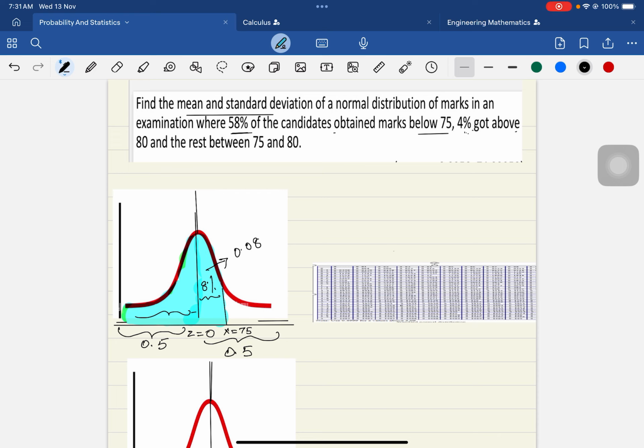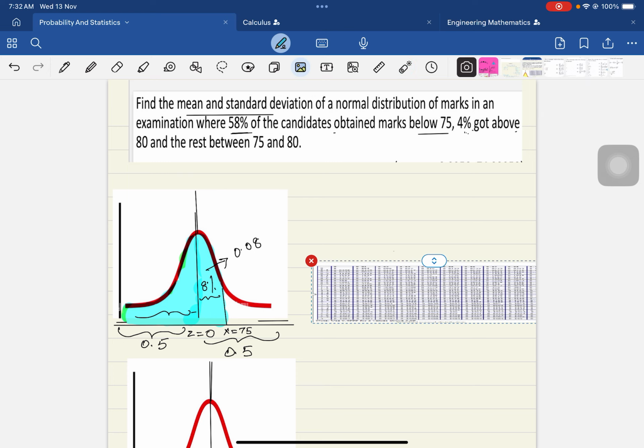Now we always have to see our Z table. In this Z table, we are finding out the values of z which are adjacent to z equal to 0, either on the right hand side or on the left hand side. On the left hand side, we know that it is 0.5. Now we have to see on the right hand side of z equal to 0, how much is that?